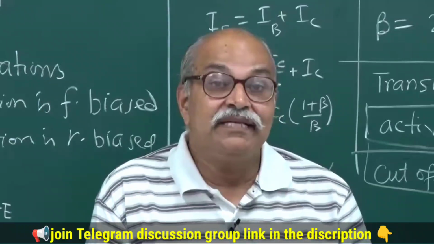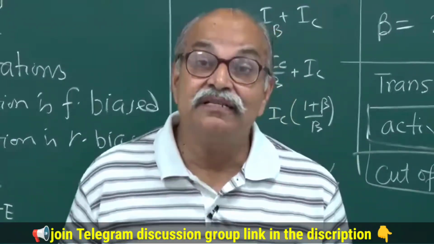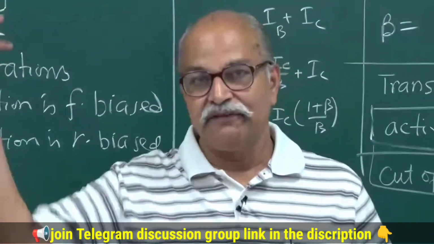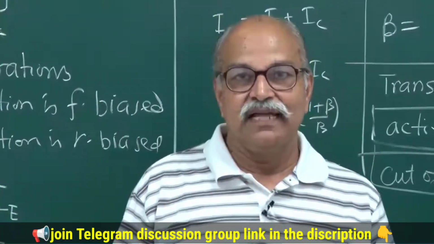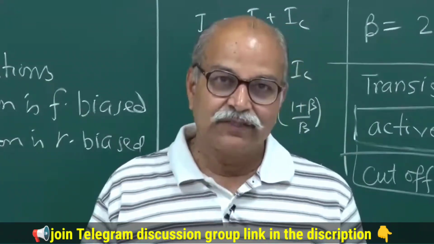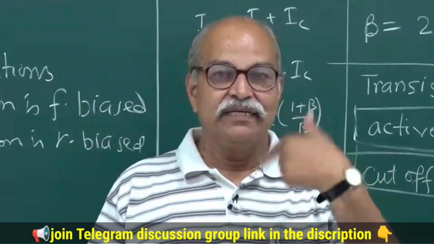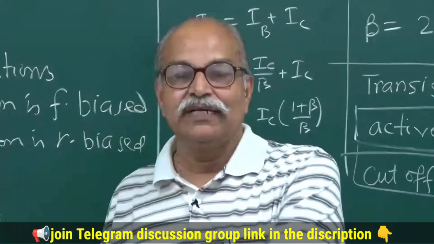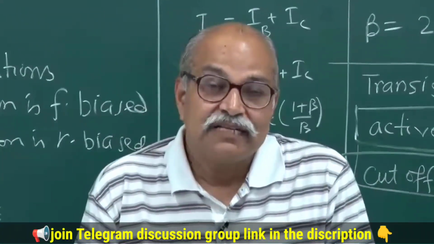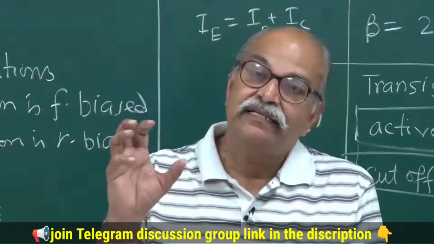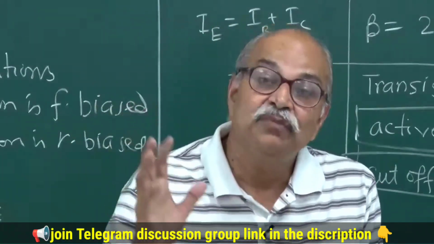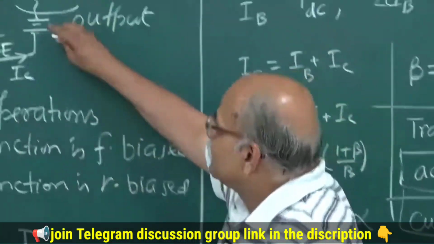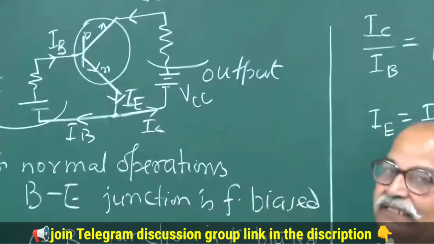But the collector base junction is not sufficiently reverse biased. If you apply some, say, 5 volts, 10 volts, 8 volts at this collector base junction, good. Whatever electrons are coming, correspondingly that alpha factor is there, so alpha times those are drawn into the collector. But what if the biasing of this collector base junction is very small, is weakened? We apply a small VCC here. This is VCC, remember.